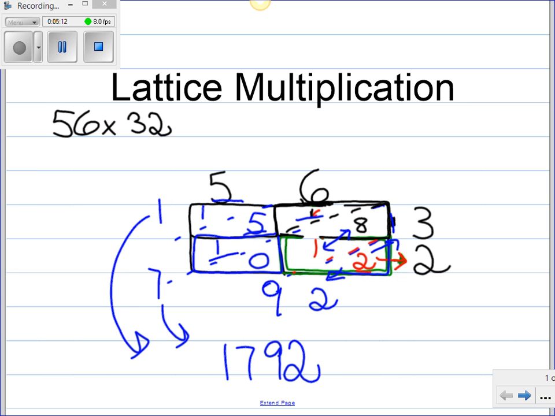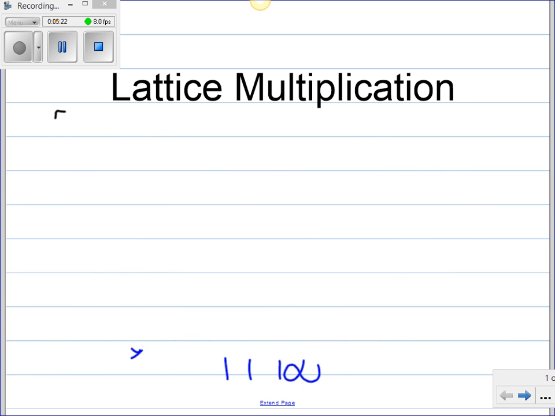Now, this one looks extremely confusing. As I'm looking at it right now, I'm going to erase everything and I'm going to show you another example of it. This time I'm not going to use these arrows. Like I said, once you get the hang of it, students really like this one, and a lot of times they will choose this one when they get to choose a strategy to multiply.